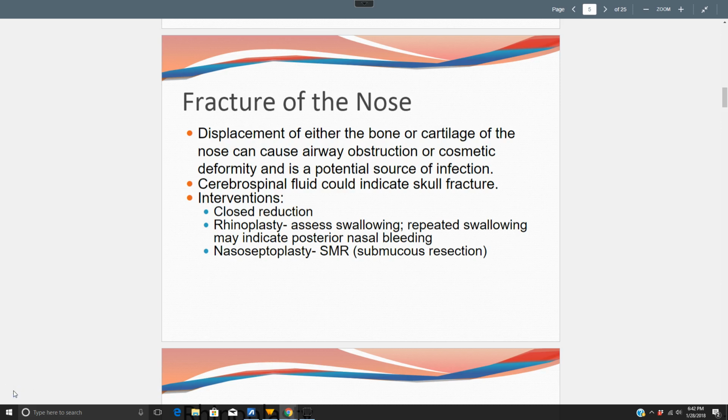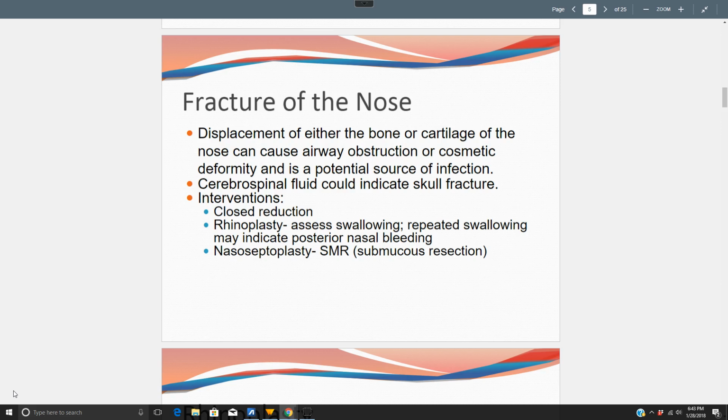The next type of injury would be a closed reduction, which is more of trying to manipulate the bones by palpation to actually put them in their proper alignment. This would be a much more serious injury to the nose. Either a local or general anesthesia may be given to the patient, obviously depending on their health history and their age.